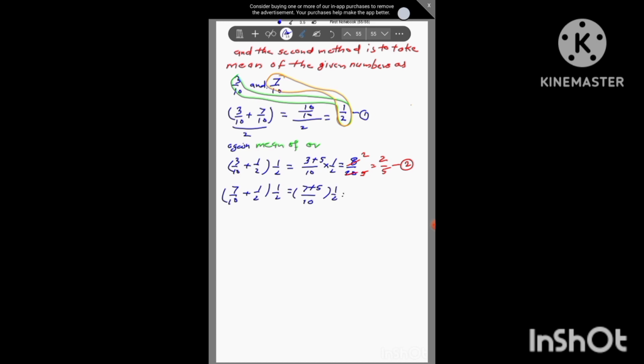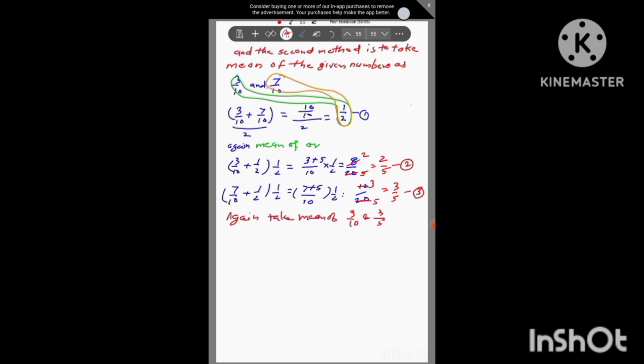Here in the meanwhile we have found the number between 7 upon 10 and 1 upon 2, that is 3 upon 5, which lies in between 3 upon 10 and 7 upon 10. Like that we go on taking the mean of any two numbers formed by the numbers which are newly formed, or from this number to the end numbers like 3 upon 10 and 7 upon 10.